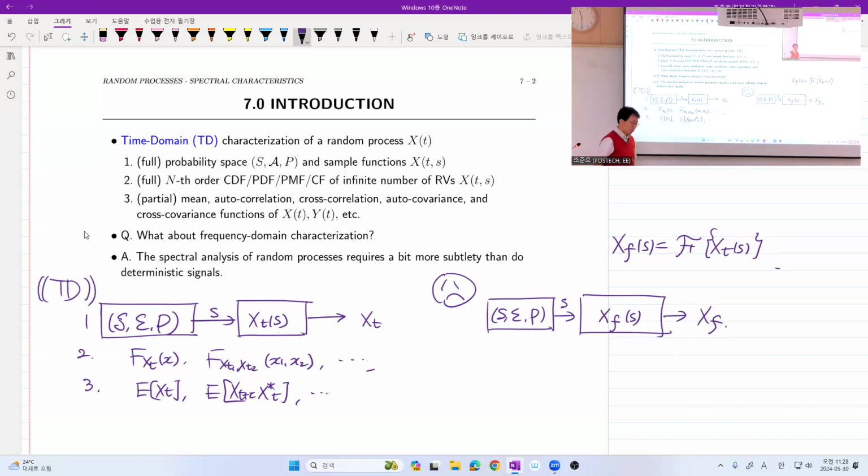And unfortunately, my professor didn't explain why this logic was wrong. He just said that, okay, we don't do that without reason, and that full characterization in the frequency domain of a random process is difficult. So we just do partial characterization.